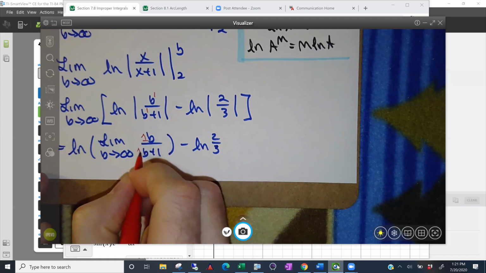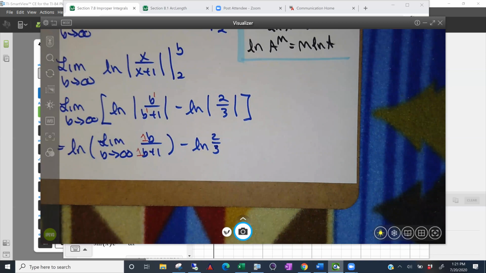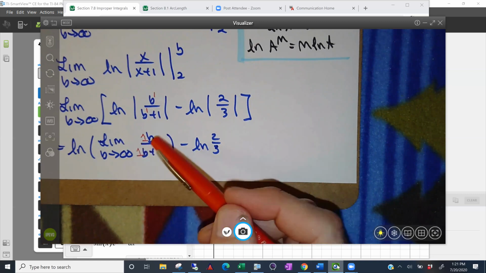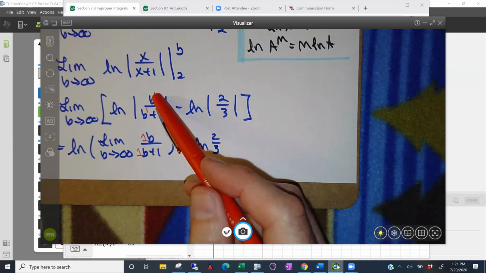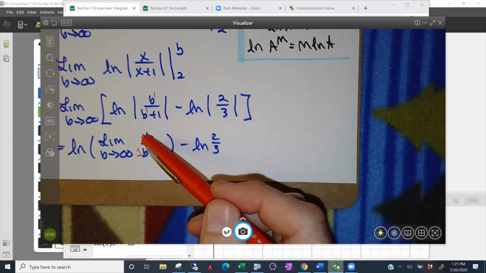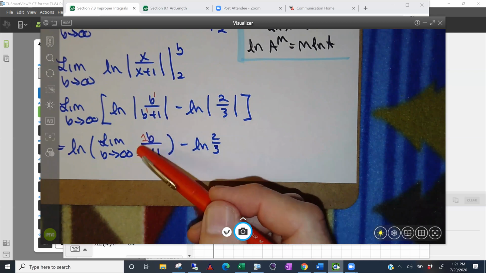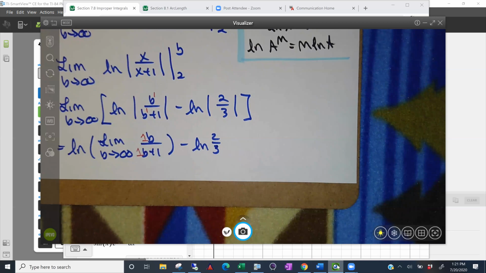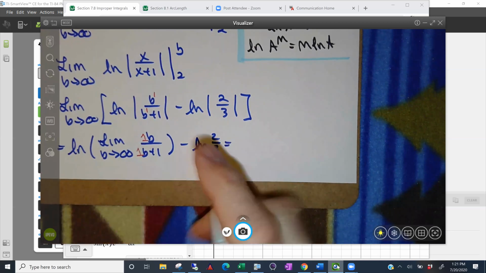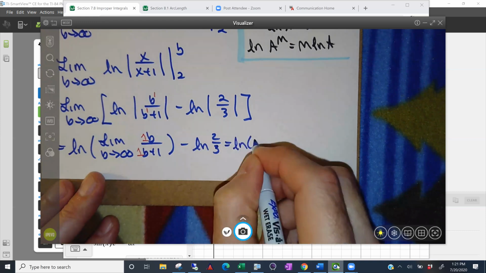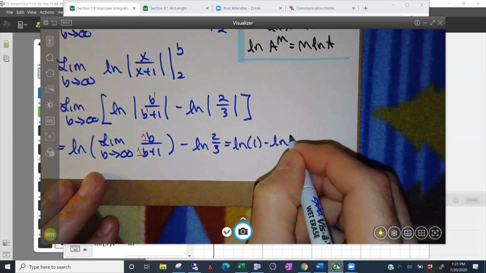All right. So you guys would do well to watch my video for section 4.4, but you don't need L'Hopital's rule to calculate this limit. Because the degrees are the same, the limit is just the ratio of the leading coefficients. It's going to be 1 over 1. So what I'll end up with is the ln of 1 minus the ln of 2/3.